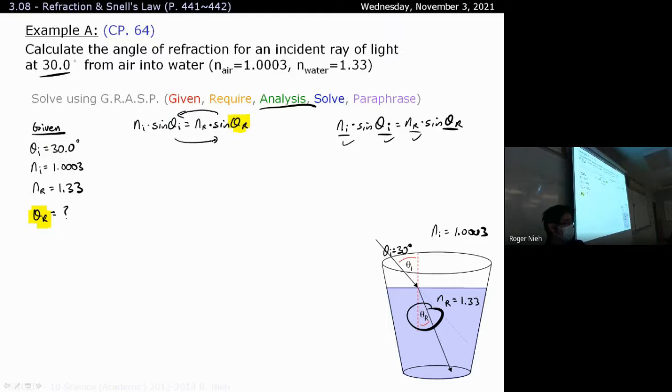You could do this at the end. Some people like doing that as a last step, but I like to be proactive and just get those necessary things out of the way. So that's why I'm going to do the swap at the beginning. NR times sine theta R is equal to Ni times sine theta I.